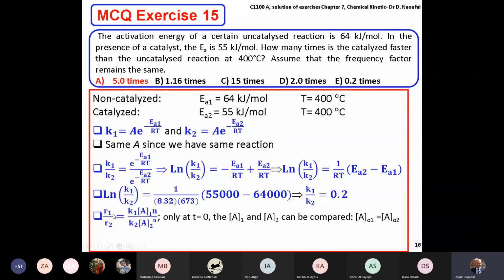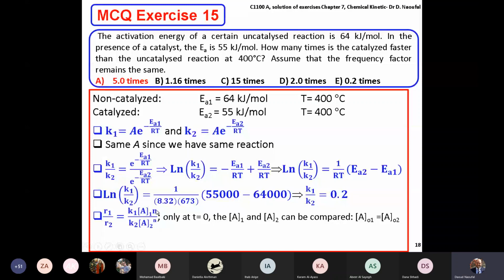So R1 equals K1 times the concentration A1 to the power n, and R2 equals a different rate constant K2 times the concentration of A, which I will note A2, to the power n, the same partial orders. Since we have the same nature of the reaction, we have the same reactants.